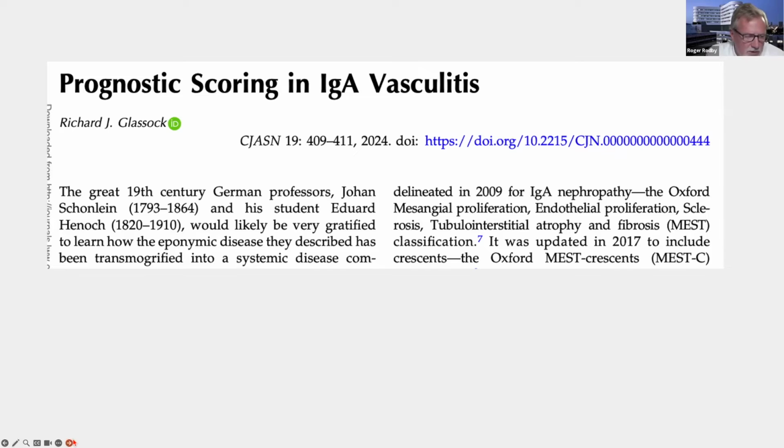I've always kind of wondered about this, but what do I know? I certainly trust Dr. Glassock more than myself, but I've always just wondered if it really is a separate disease or if it's just a spectrum. For instance, I've seen many patients with bad crescentic GN with a rash and abdominal pain and joint pain. I've also seen people with crescentic GN with really nothing external, no rash, no joint pain, no abdominal pain.